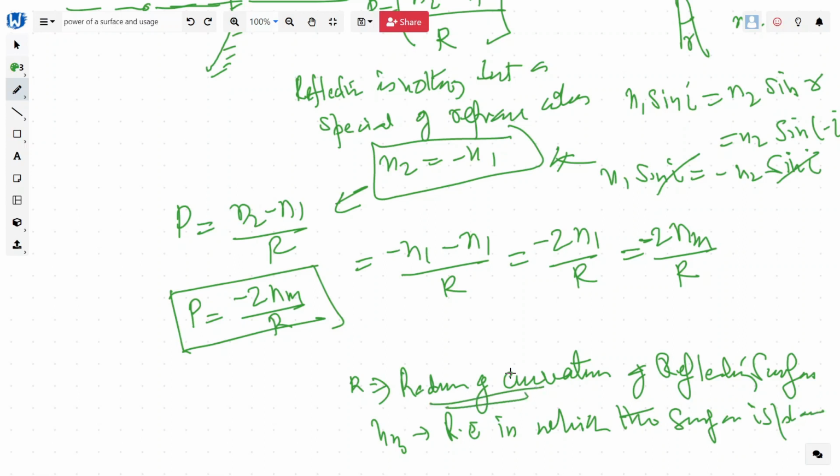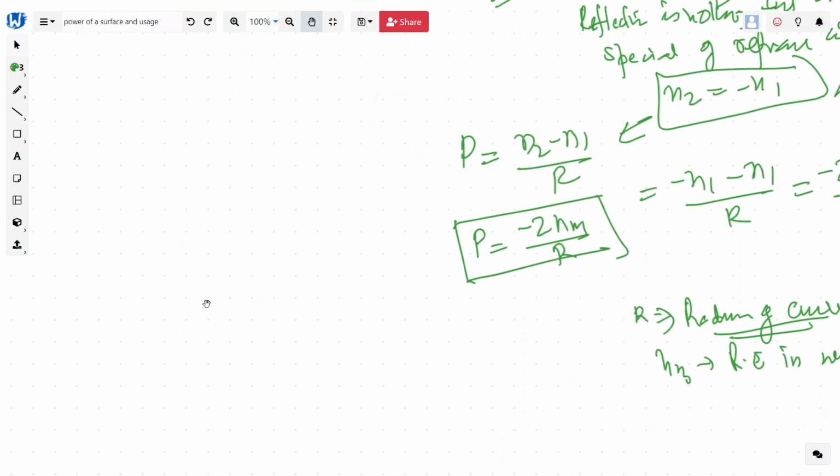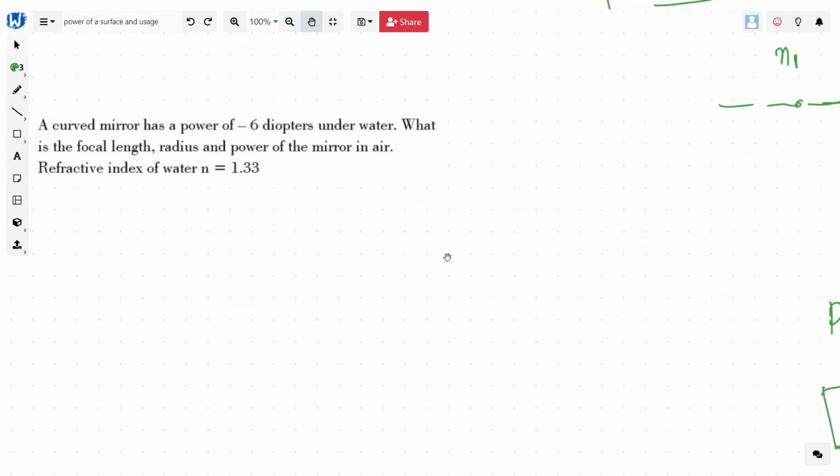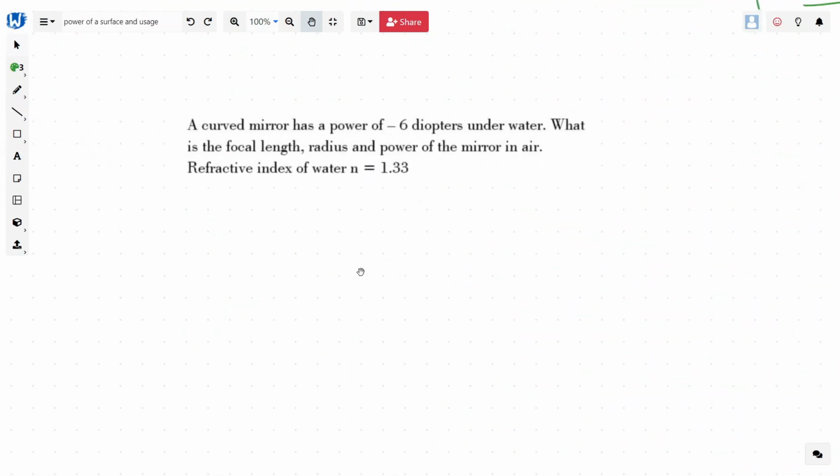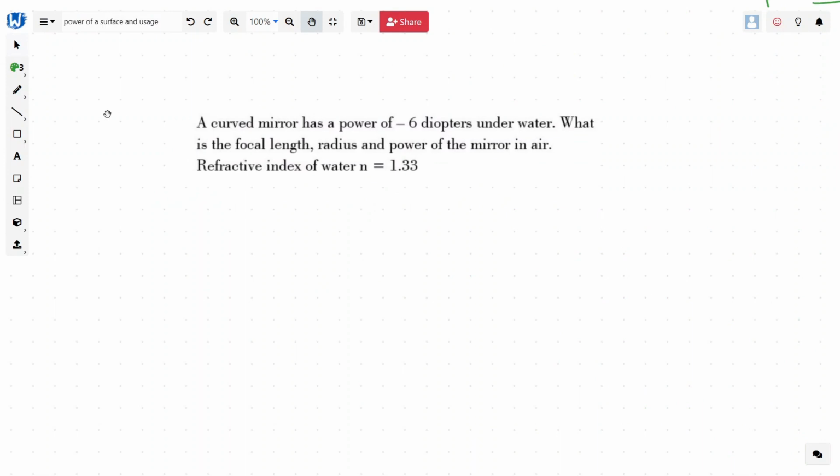And we have to take care of the sign convention, and then we'll be able to easily calculate that power, right? Why we are putting so much effort on the power is that the power equation actually allows you to solve a lot of complex problems pretty easily. So bear with me. Let me explain this with a problem, right?